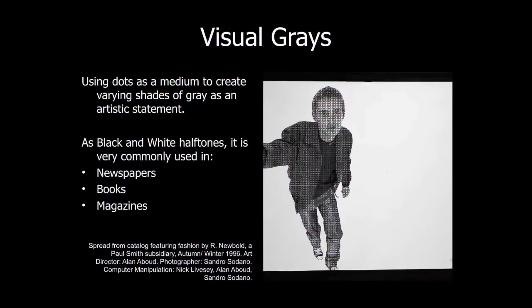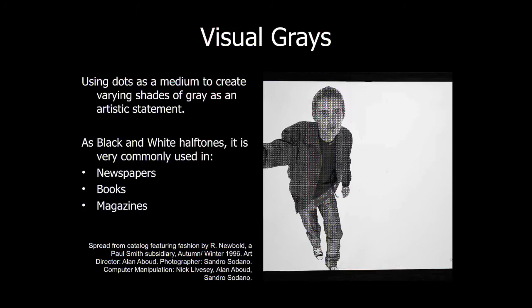And now let's take a look at this work here. It looks like a type of digitally enhanced image of blacks and whites. And the blacks and whites, these variations of grays, look exaggerated or enhanced by pattern. Using dots as a medium to create varying shades of gray as an artistic statement.